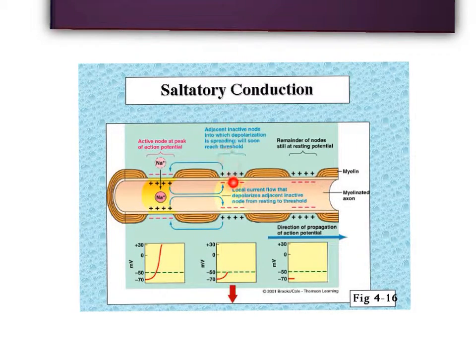So it jumps from here to here to here rather than moving all the way along the membrane, and that makes the impulse move more rapidly along the axon. That's known as saltatory conduction, and it occurs in what we call myelinated neurons, which have these Schwann cells separated by gaps called nodes of Ranvier. All of these words are words that you should know.